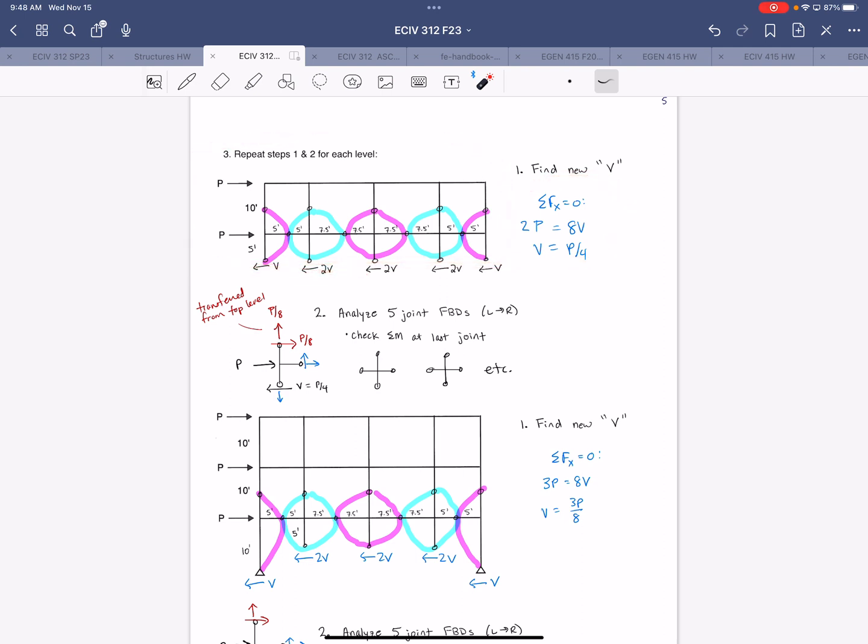You can also cut through the hinges above and below that level that you're focused on and transfer all those forces from above to those hinges that are now exposed, and sum forces in X to get your shear in the columns that you're analyzing now. You should get the same results, but I think it's a little bit easier to do it this way.